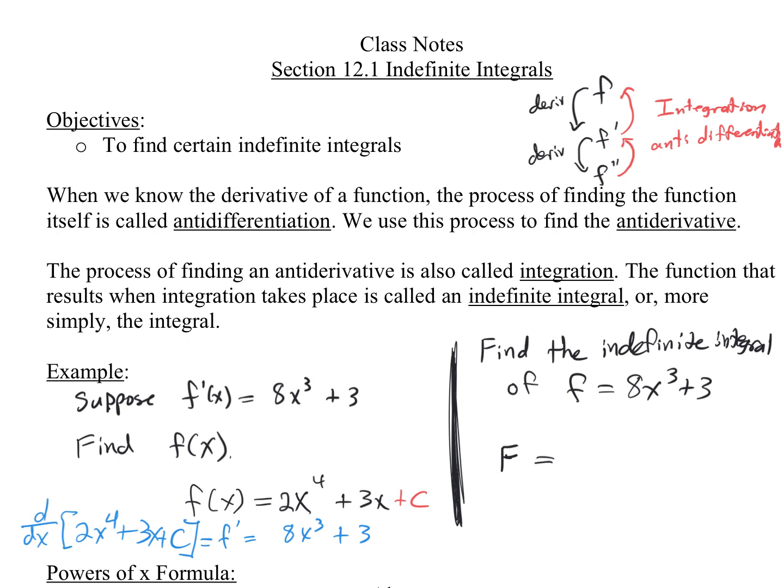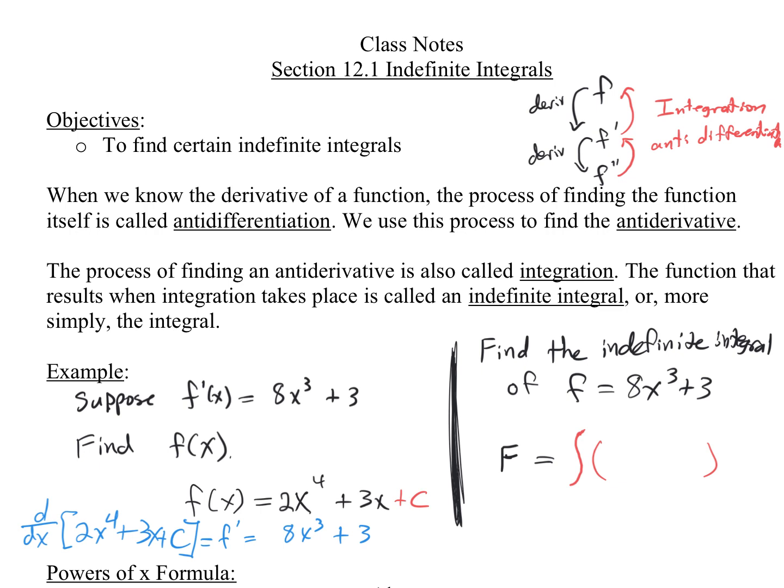The symbol is a new symbol if you've never seen it before. It's called an integral sign. It looks almost like a really stretched out S, and it means I need to compute the indefinite integral, or the antiderivative, of the thing that's inside.